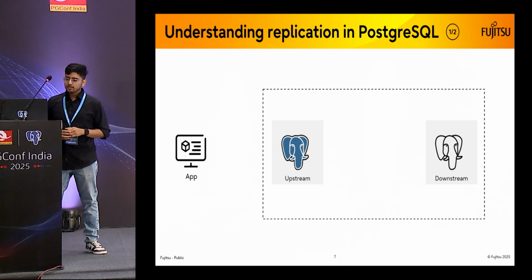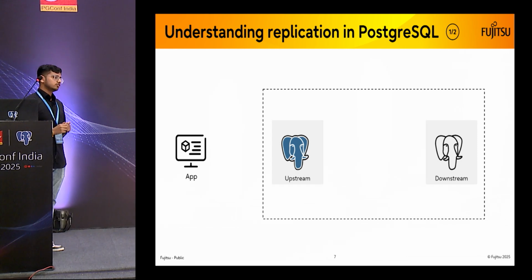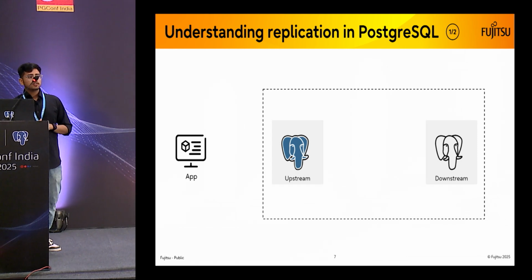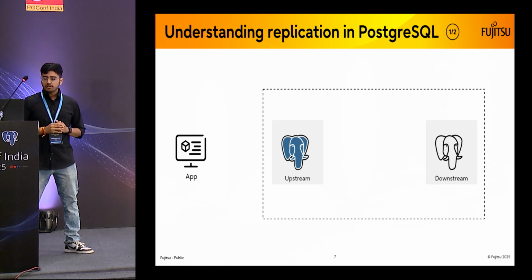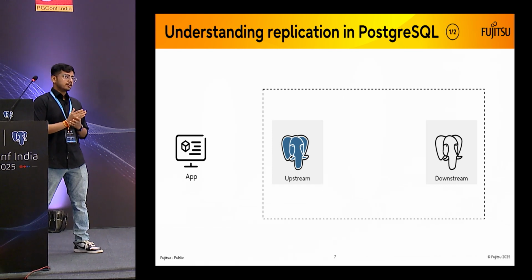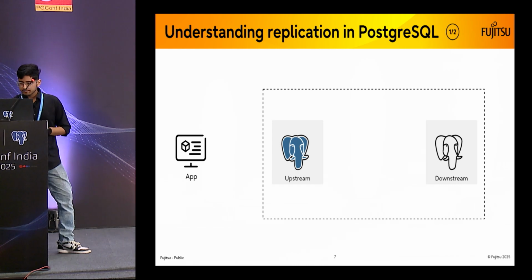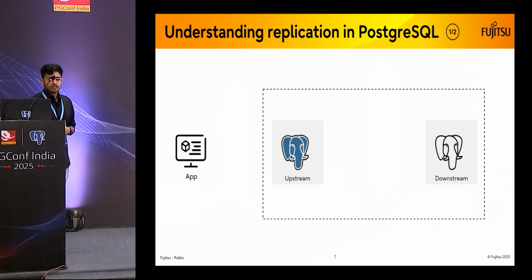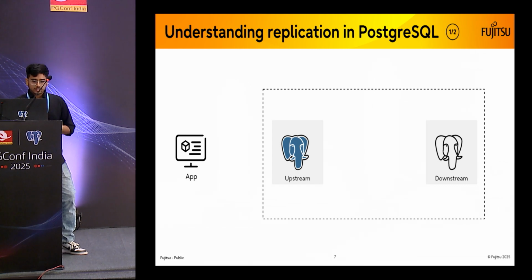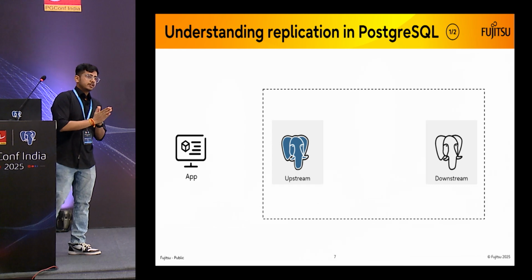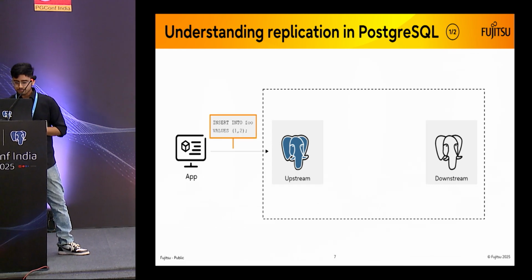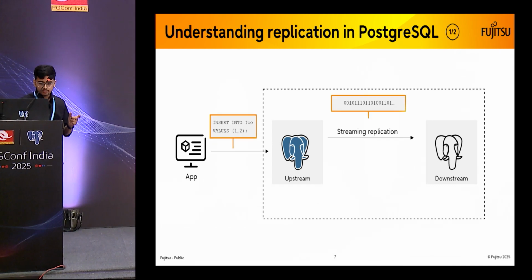Basically, there are two types of replication in Postgres. One is streaming replication and the other is logical replication. They mainly differ in the type of data they send during replication. Let's take an example. Here, one application sends a query to the upstream, and the upstream is replicating to the downstream. Suppose an insert query is sent.